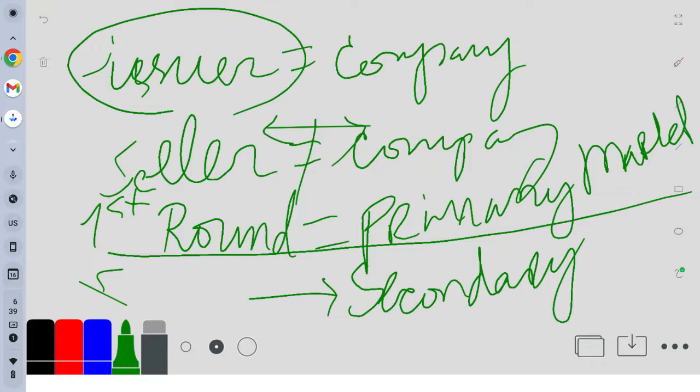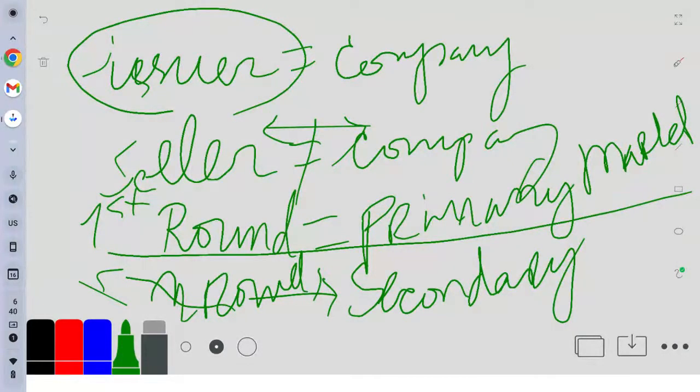The guy who bought the bond in the first round in the primary market will be the seller. There can be n rounds of trading. It's all called the secondary market.